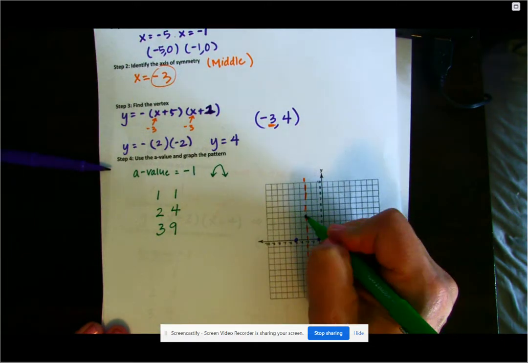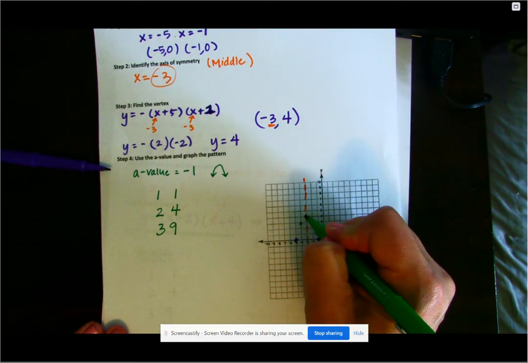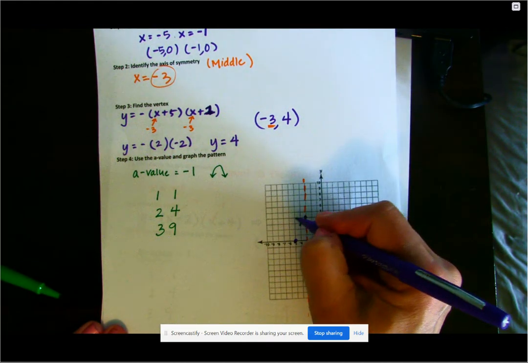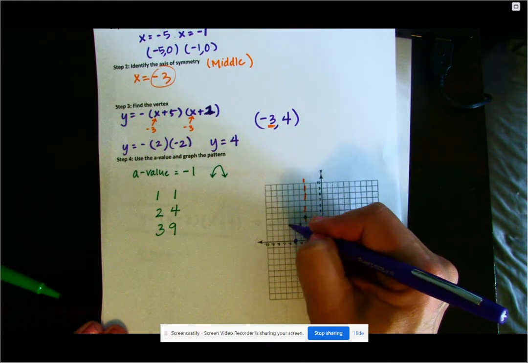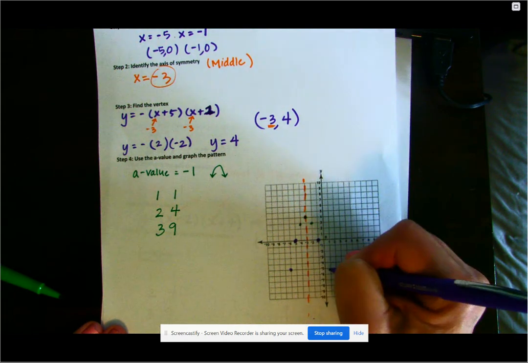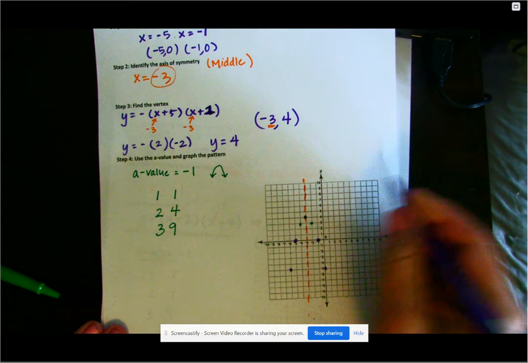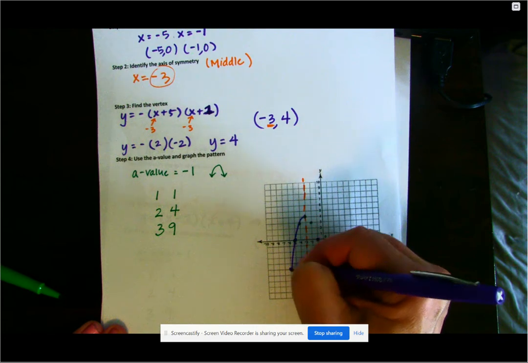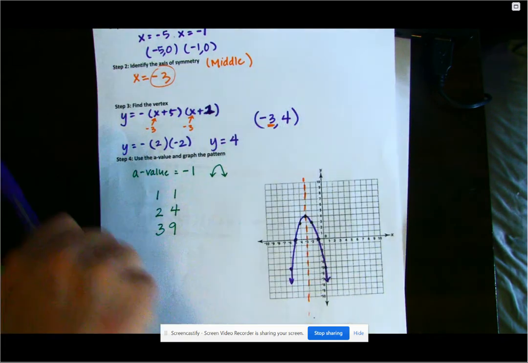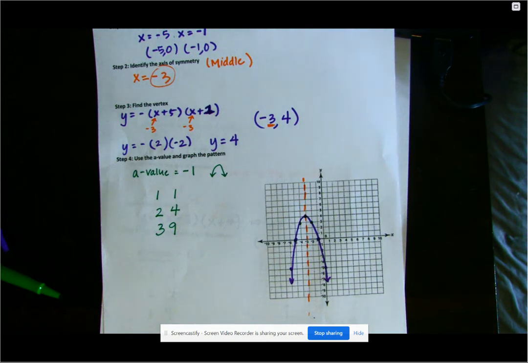So let's draw the other dots in, out 1, down 1. We have 2 and 4. Let's draw another one since we have room, out 3, down 9. Okay. All right. Good luck, everybody.